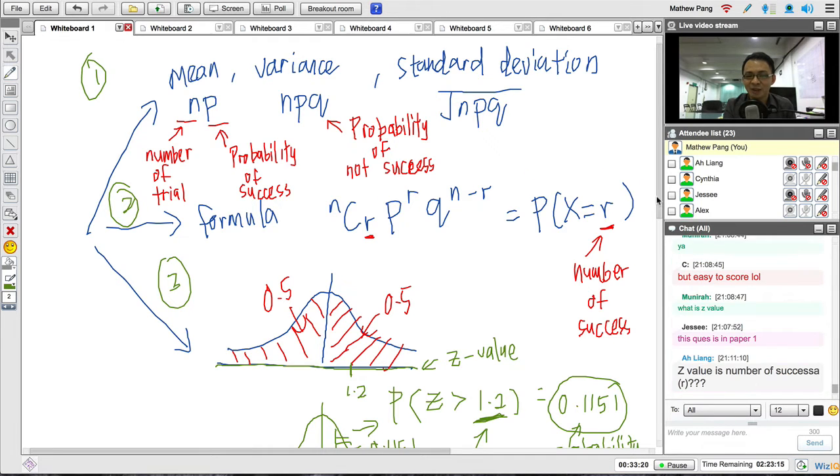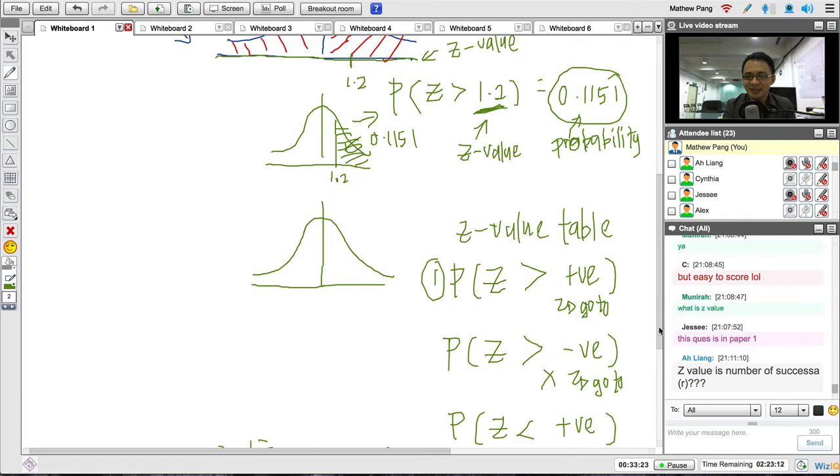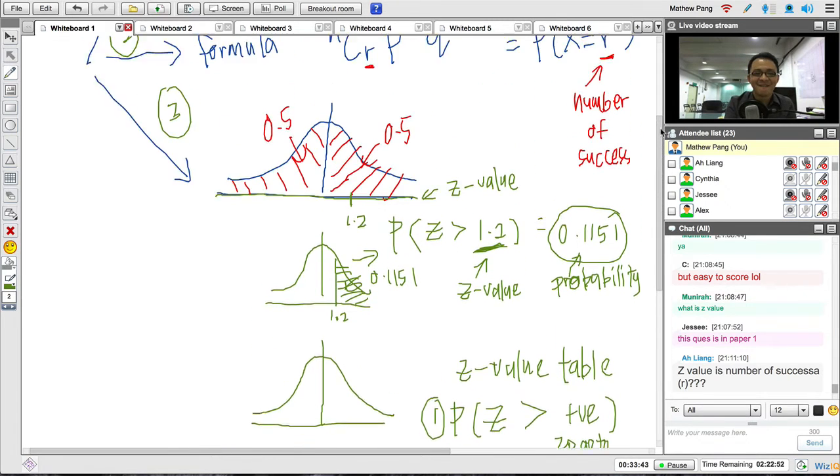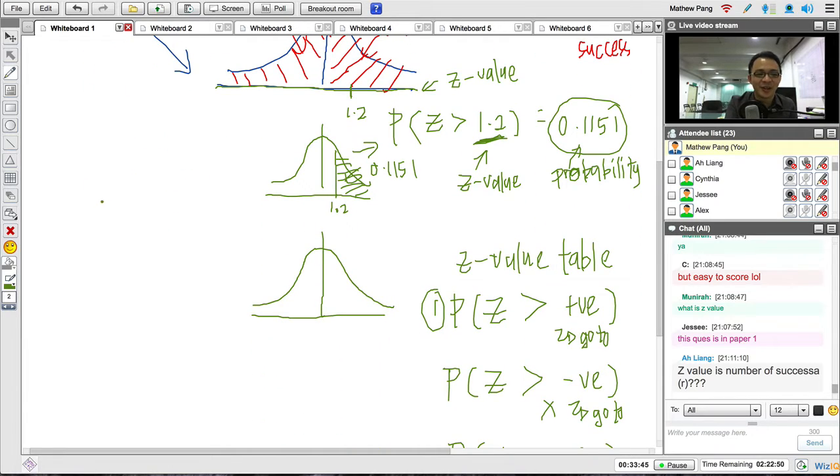What is the Z value? Okay, sorry, I think I go too fast. Z value is something like this. Z value is not so directly related to the probability. If you want to understand the Z value, of course we have the formula, but I think you won't understand this one either. Z equals X minus mean over standard deviation.